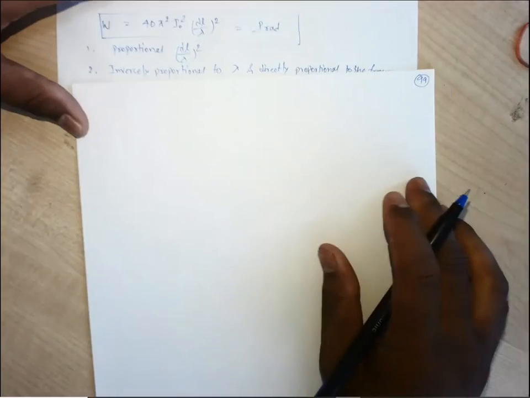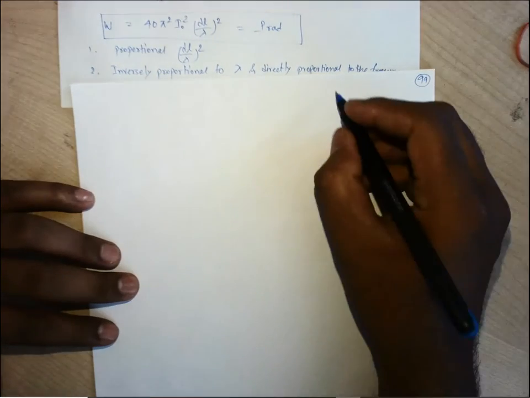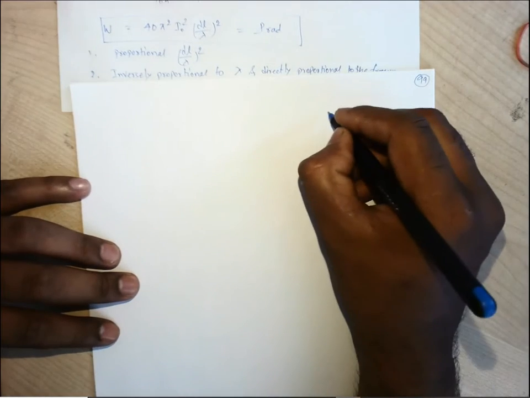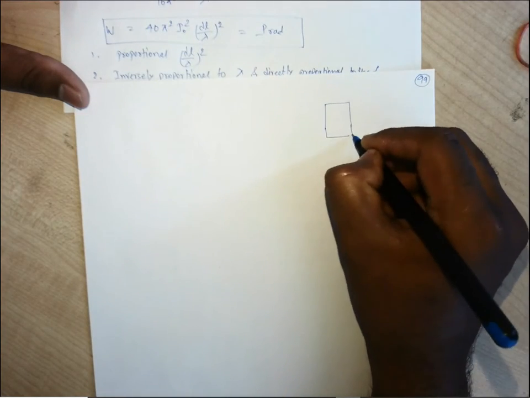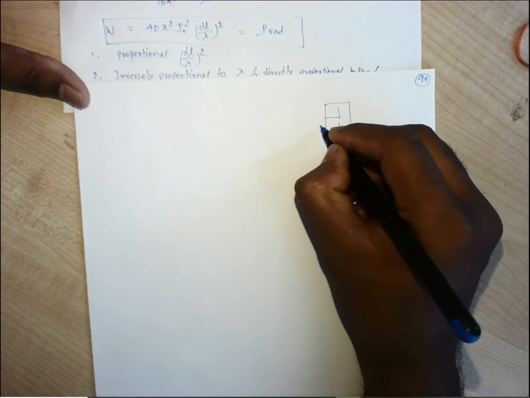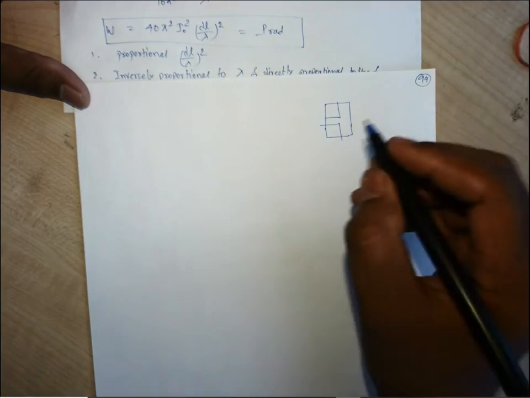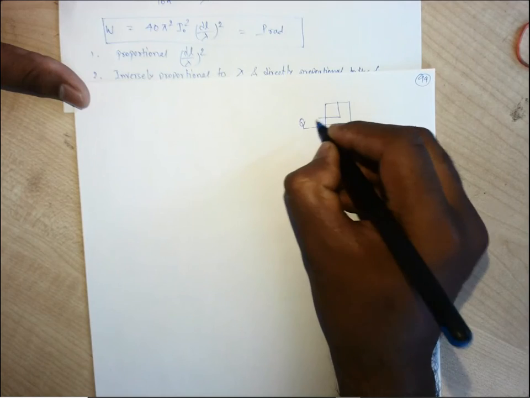So if this is the radiated power, we are having some black box, and inside that we are having that dipole. Some source is connected to it.